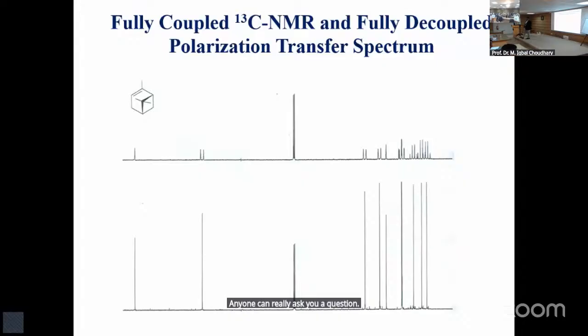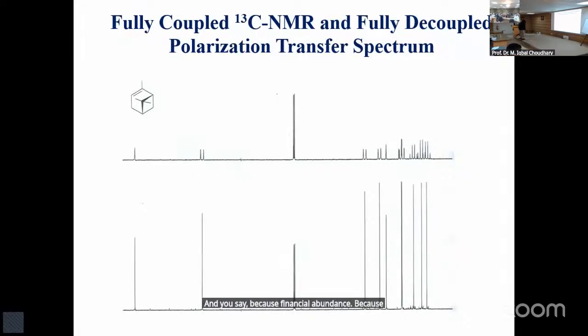Why, in a fully coupled carbon-13 spectrum, do you see splitting, but when you have a fully coupled proton spectrum, you don't see splitting of the proton signal because of carbon? Because of the natural abundance.